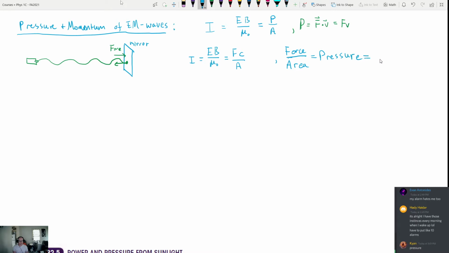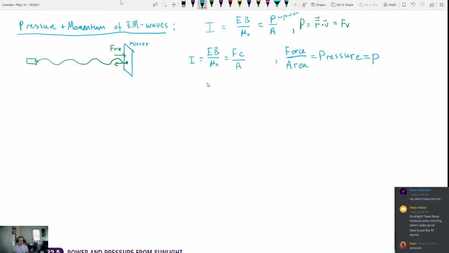And the symbol your book uses for pressure, this is a weird thing to be talking about, because we're talking about power, pressure, and eventually momentum. So I'm going to use capital P for pressure. I apologize that it obviously looks a lot like power. This is power, and this is pressure.